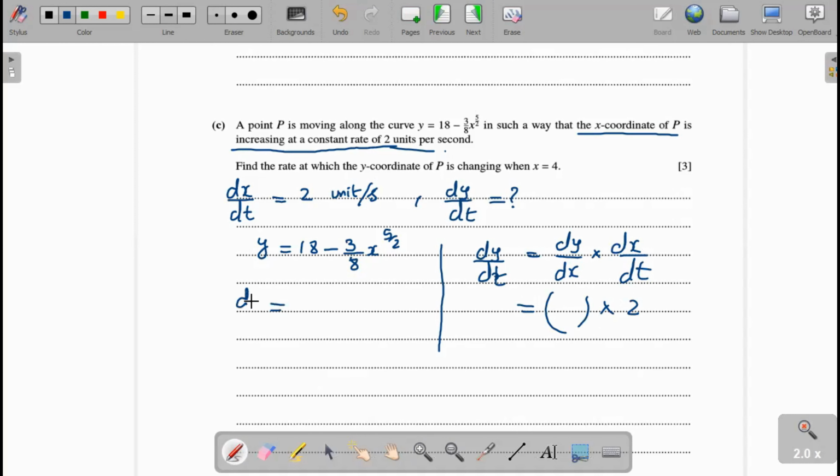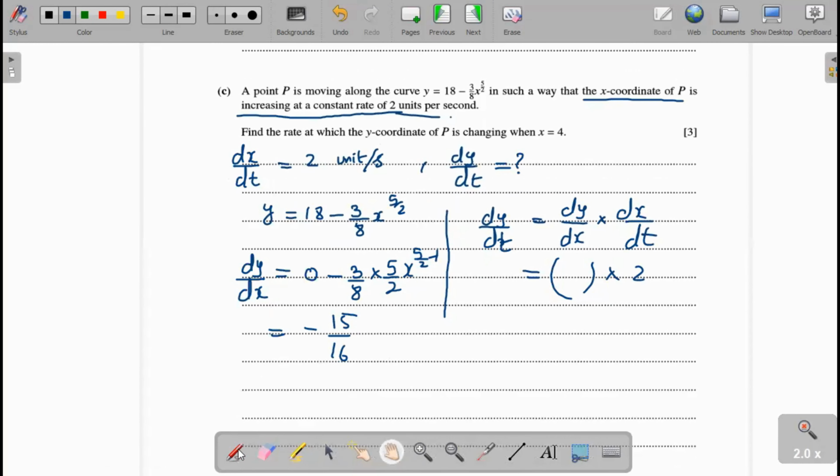Now dy over dx will be equal to 18's derivative is 0, minus 3 over 8 written as it is, into the power becoming the coefficient 5 over 2, and x power 5 over 2 minus 1. Therefore, that is equal to minus 15 over 16 into x power 3 over 2.